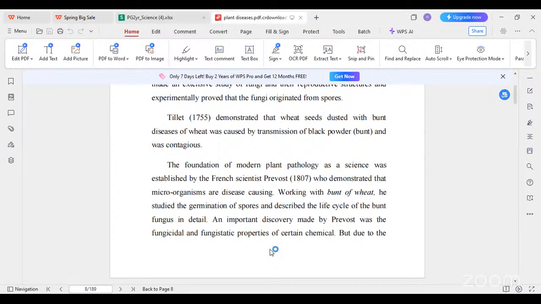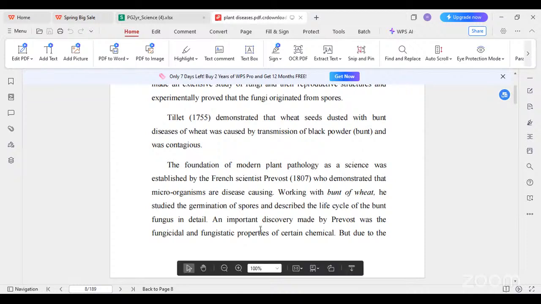The foundation of modern plant pathology as a science was established by the French scientist Prevost in 1807, who demonstrated that microorganisms are disease causing. Working with bunt of wheat, he studied the germination of spores and described the life cycle of the bunt fungus in detail.